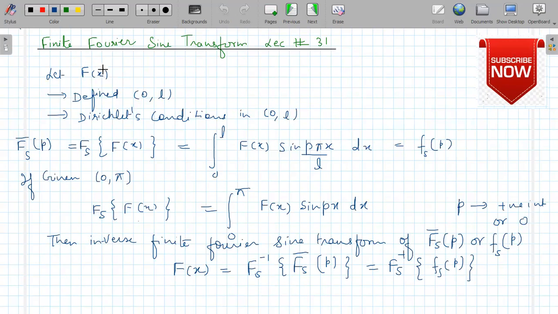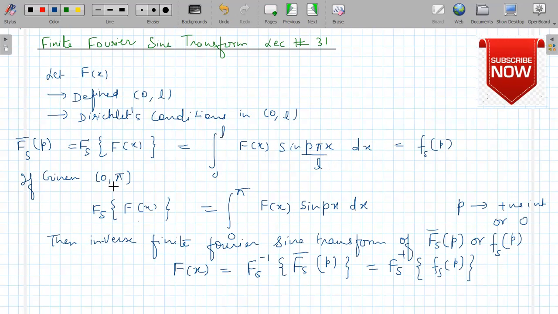Remember that the function f(x), whose finite Fourier sine transform is to be obtained, should be defined in that interval and should also satisfy the Dirichlet conditions in that interval. If so, then we define the finite Fourier sine transform of f(x) in this way.